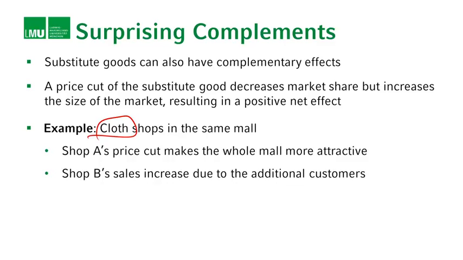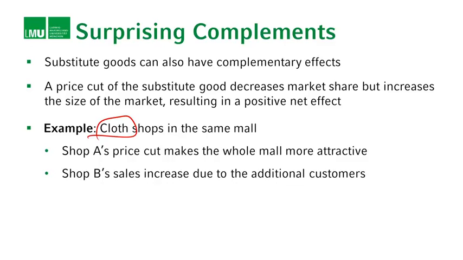So they're substitutes. But on the other hand, if both of those shops are in the same mall, they both benefit from the fact that lots of people go into the mall. So if one of the shops starts a promotion that gets more people into the mall, then they become complementers, right? Because both of them benefit from having lots of people in the mall, right?